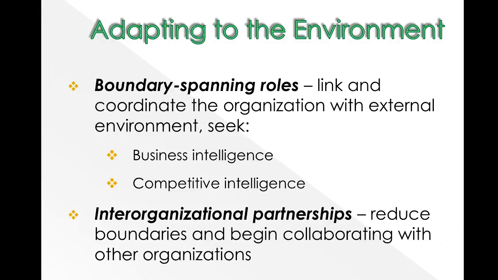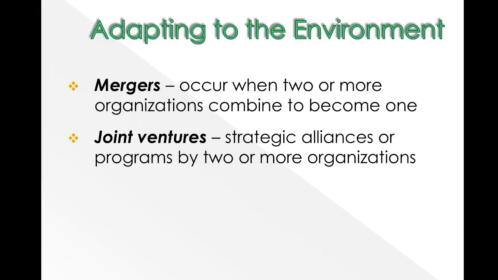So what you need to do is you need to have business intelligence. You need to have competitive intelligence. You have to know about your industry, and you have to know what your competitors are doing. Now, it's a lot easier for organizations to compete. And the big thing we've seen recently are mergers and joint ventures.